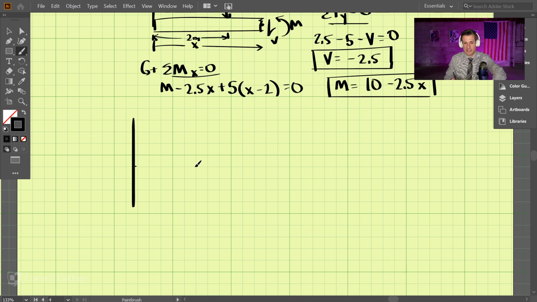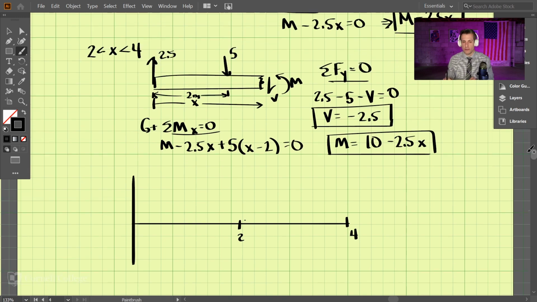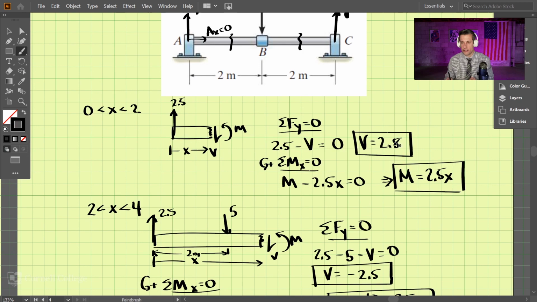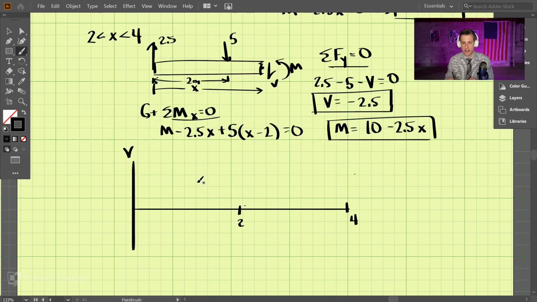Okay, so we'll say 4 meters is all the way out here, which makes 2 somewhere in here. From 0 to 2 for our shear, let's go back up and take a look. It's 2.5, so a constant 2.5. So we'll label this 2.5 here.